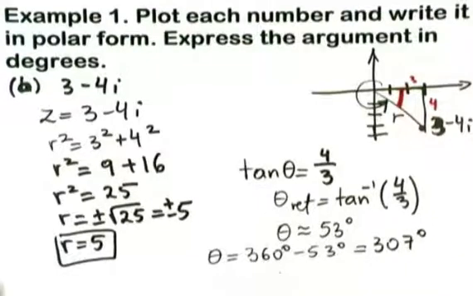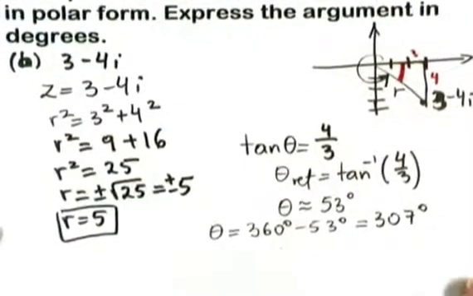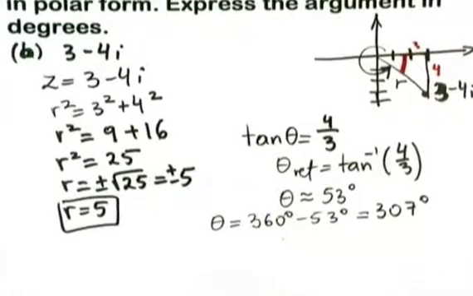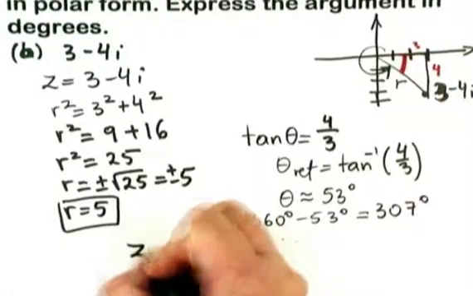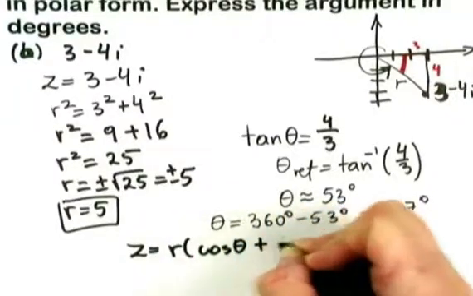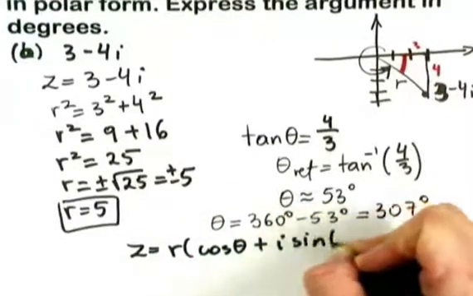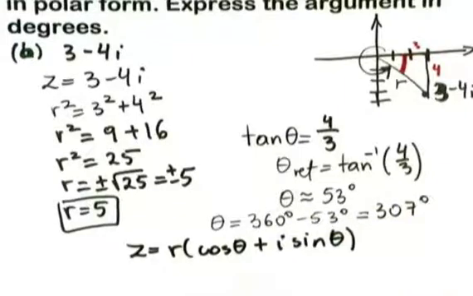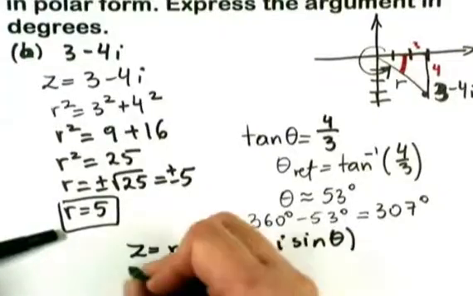So now we can write the polar form of a complex number, which is z is equal to r (cos theta plus i sine theta). That's the polar form of a complex number. We can substitute what we have.